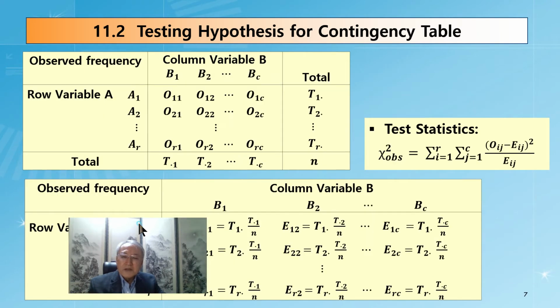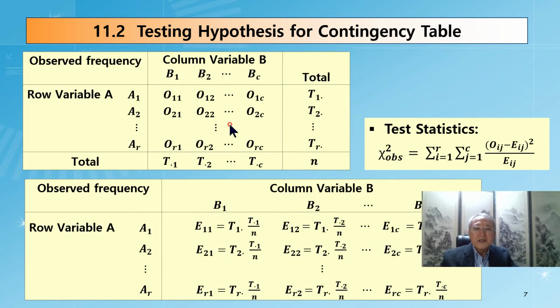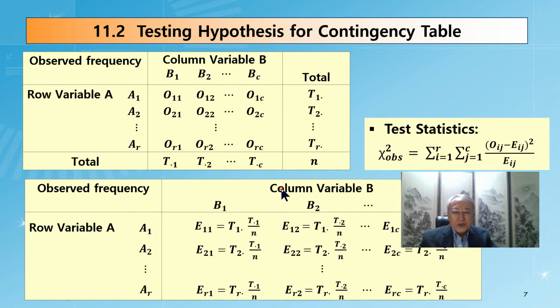Let's have some formal definition. Suppose you have this kind of observed frequency, with a row variable and a column variable like that. How can you calculate the expected frequency? You calculate the proportion of the total.